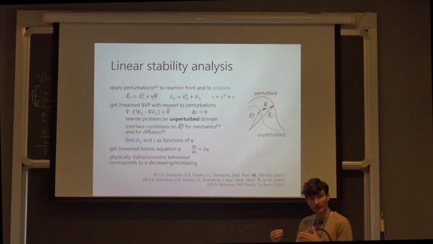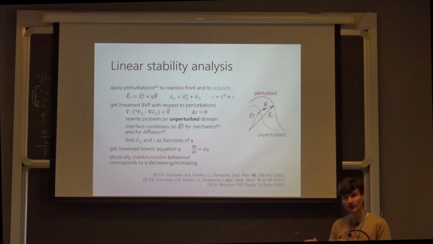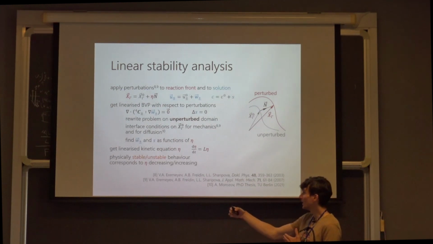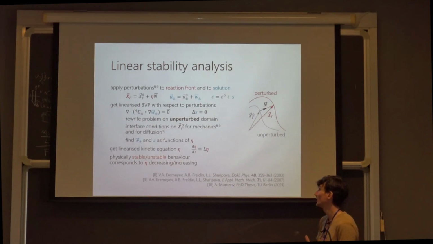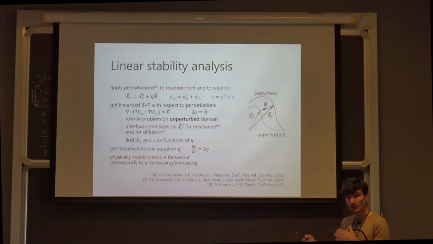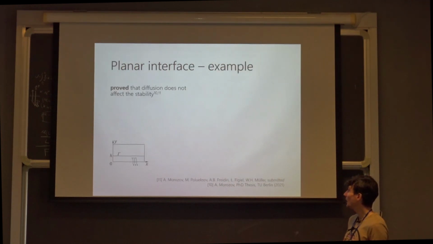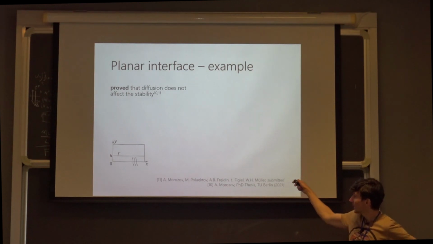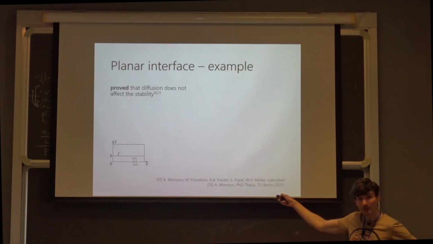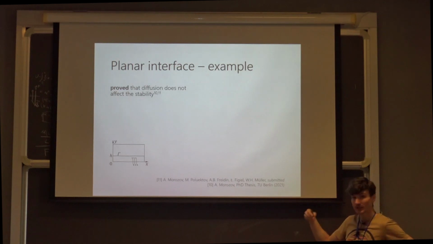And then, as I mentioned, the physically stable or unstable behaviors will correspond to the decay or growth of this perturbation of the interface. So we played around with this concept, and our main result is that we consider the planar interface, and for the planar interface we have a mathematical proof that diffusion doesn't affect stability.